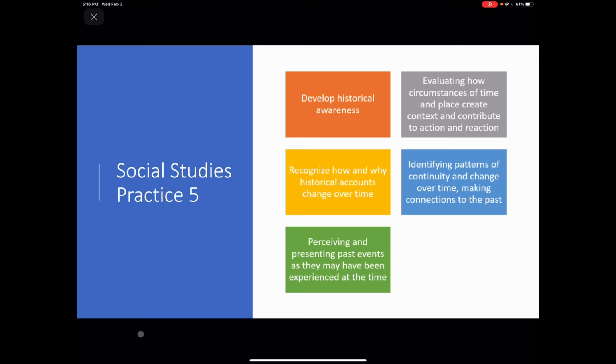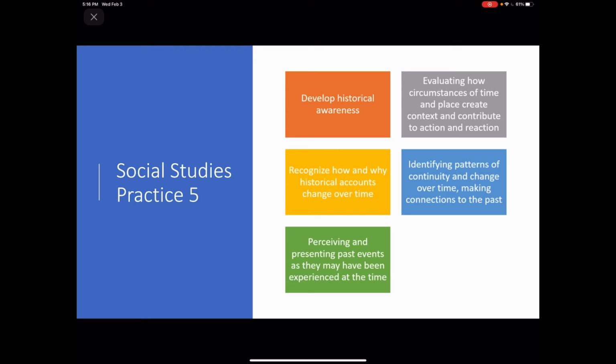Perceiving and presenting past events as they may have been experienced at the time. This can be a challenge. It's really easy to put our 2021 lenses on and say, wow, that was crazy. Like, that doesn't make any sense. But you have to be able to, again, put yourself in the context of the event and how it was happening, and to try to perceive it, try to understand it as somebody who lived in the moment.